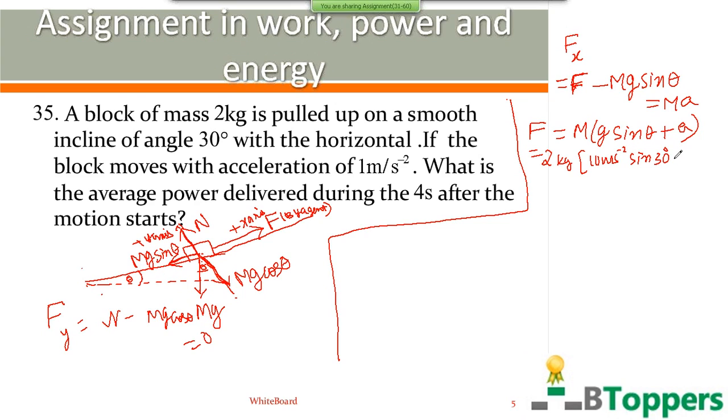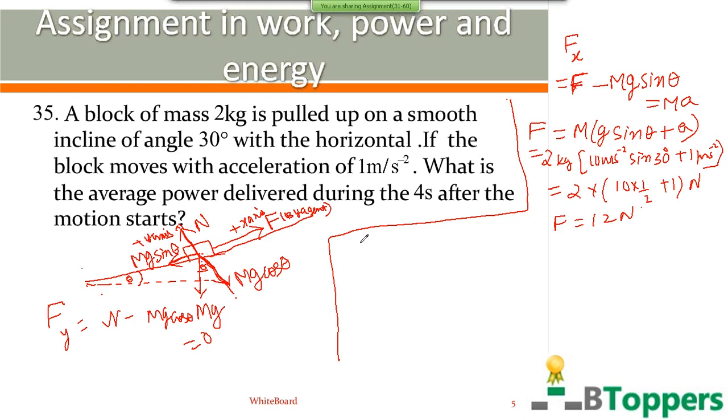The angle of inclination of the inclined plane to the horizontal is 30 degrees. The acceleration of the block is 1 meter per second square. You can simplify this further, so you get F equal to 12 newtons.